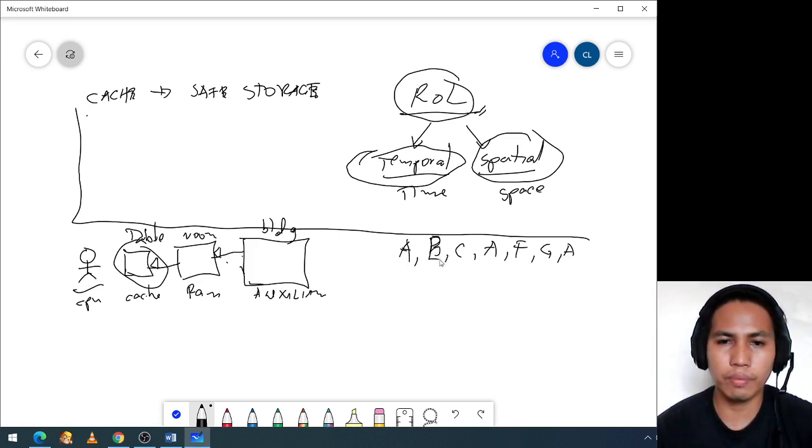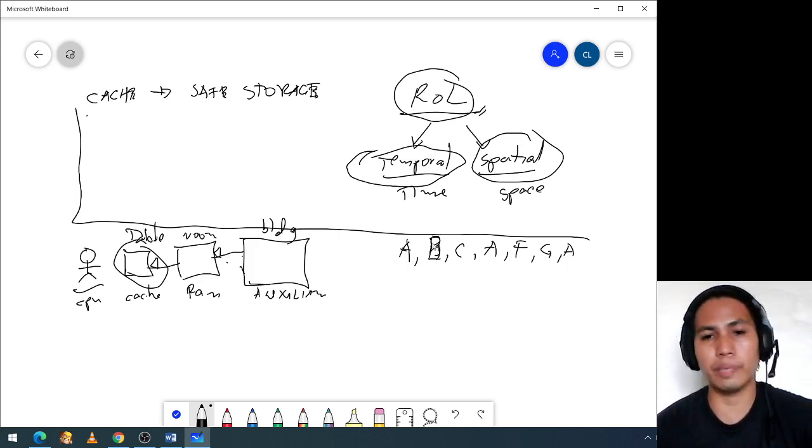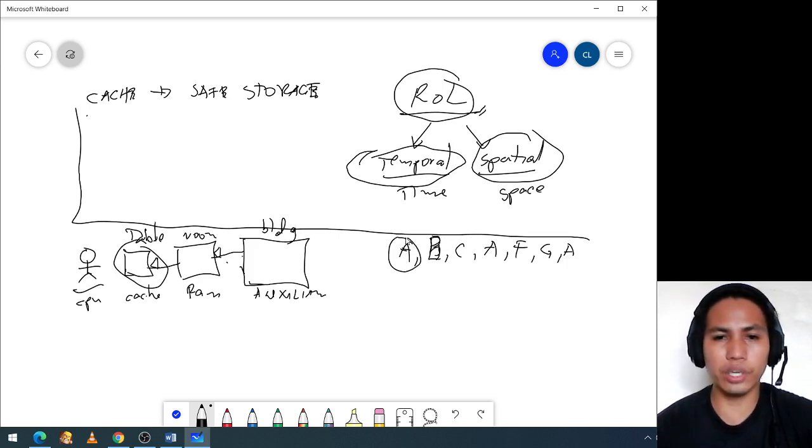Imagine these letters as information or data requested by the CPU. So the first time na nag-request siya, ni-request niya si A. Then ni-request niya si B. Then si C. Then again si A. Then si F, si G, then si A.